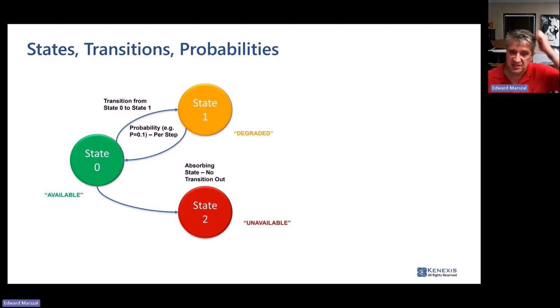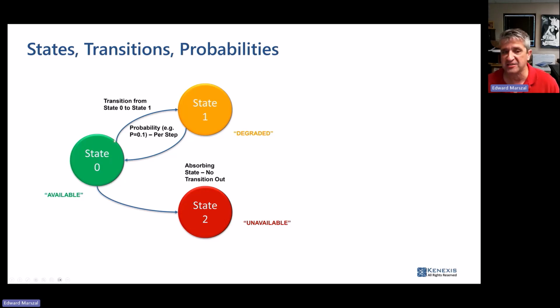Now, for each state, there are going to be transitions, and the transitions are shown as arcs that will move you from one state to another. So we have an arc here that I'm drawing over with my cursor, that's going to allow you to transition from state 0 to state 1.